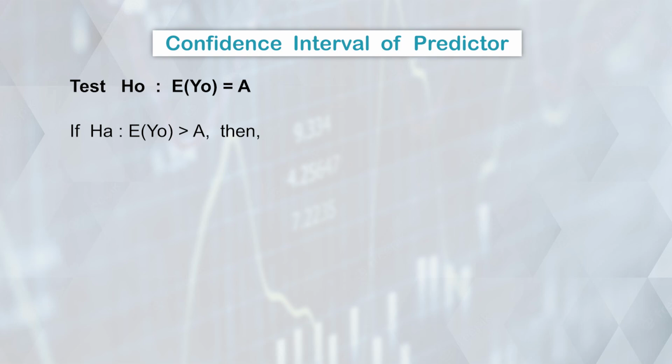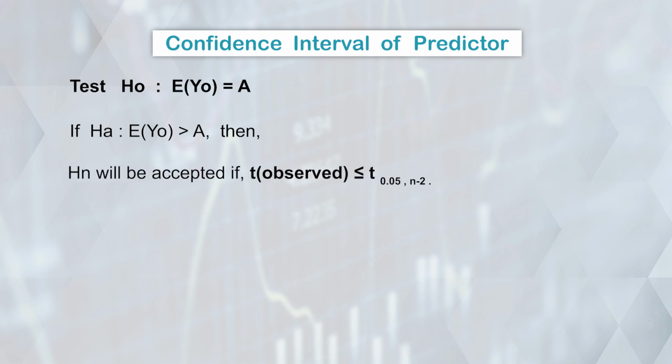So the null hypothesis is the same, where expectation of Y0 equals A, but the alternative hypothesis says greater than A. So based on that, we can see that H0 will be accepted if the observed value of t is less than the table value. That means if the computed value of the t is less than the table value and it lies on the left tail of the distribution, then definitely we are accepting the null hypothesis and we are in the rejection region of the alternative hypothesis.